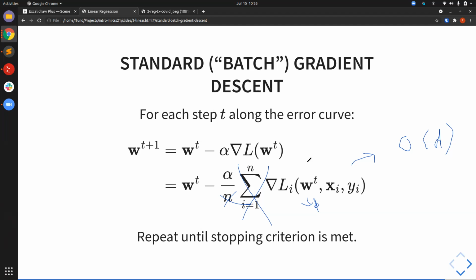Of course, we're still concerned with the number of iterations. We might need more iterations, but as long as the number of iterations we need in order to reach a good solution is less than n, then we still come out on top. Of course, the number of iterations will depend on how much error you can tolerate. I'll post some notes about that, and we'll also look at it more closely on Thursday.